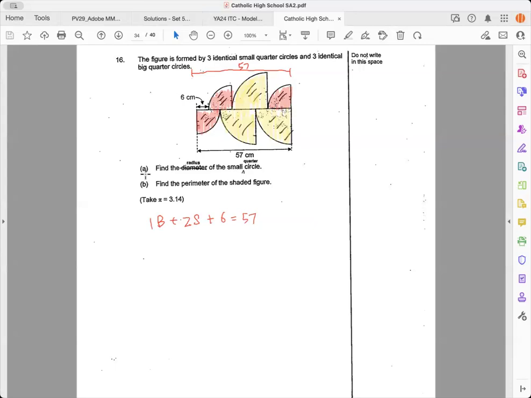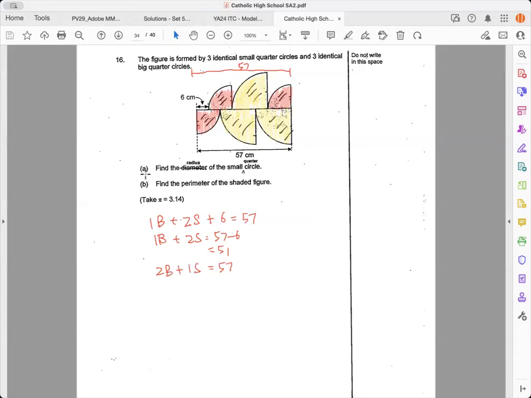So let me rearrange. 57 minus 6 is 51. Now the bottom is two big quarter circle plus one small quarter circle, which gives you 57.